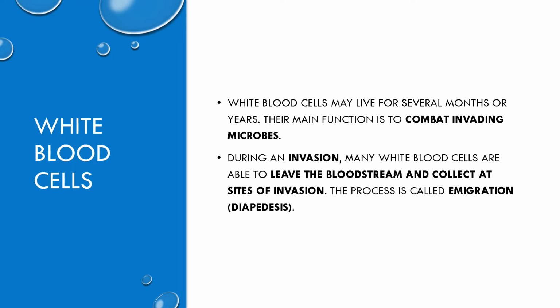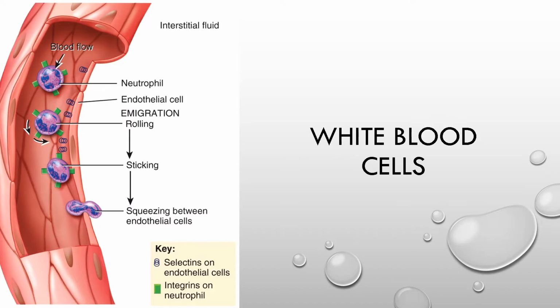Red blood cells are contained within the bloodstream, but white blood cells can leave the bloodstream by a process that we call emigration. This is also called diapedesis. So here we have a diagram showing diapedesis.